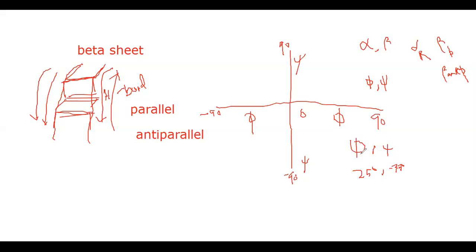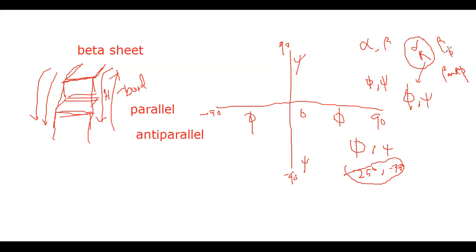What does it mean? It means there is a specific phi-psi restriction based on the kind of helix or sheet you are choosing. If it is a right-handed alpha helix, it has specific phi and specific psi.